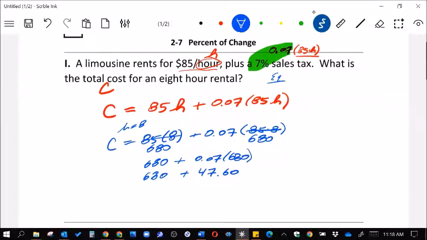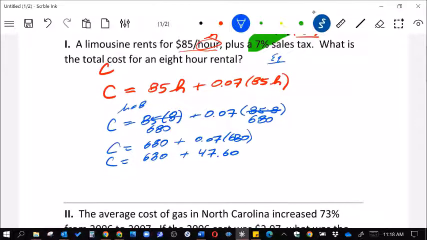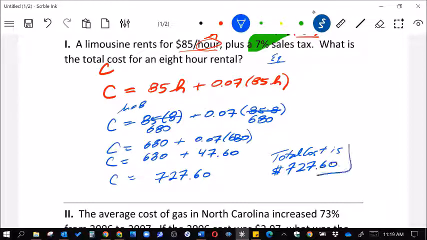Gee, that's a lot of tax in my opinion, but still would have to pay it. And when you put those together, that means the total cost is $727.60.